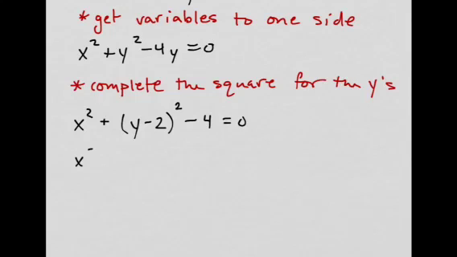So now I have x squared plus (y minus 2) squared equals 4, if I get the 4 over to the other side. Now this is a circle. It has a radius of 2 because this is radius squared.